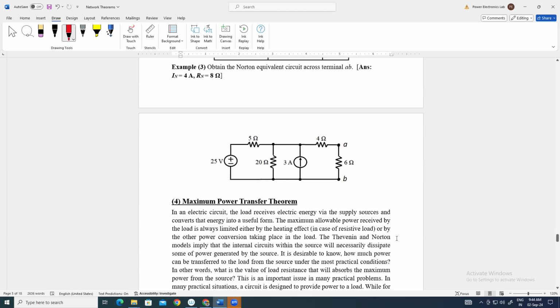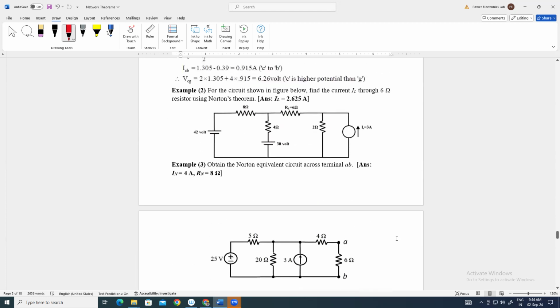I think you have understood the procedure of applying Norton's theorem, how we can apply it and why it is dual to Thevenin's theorem. Okay.